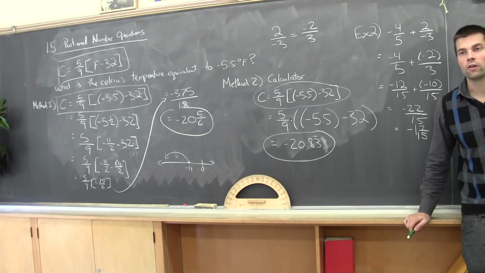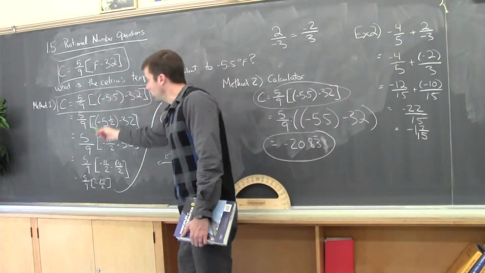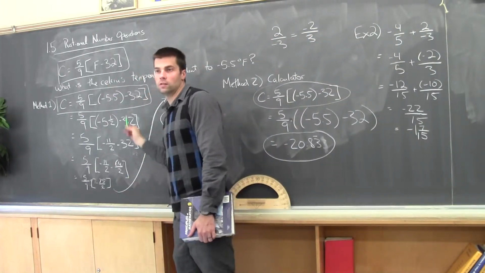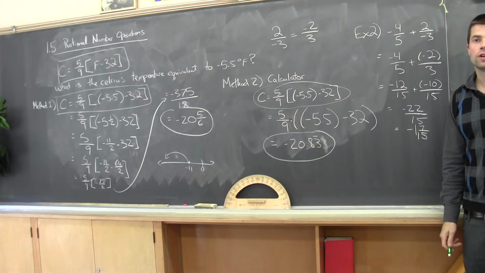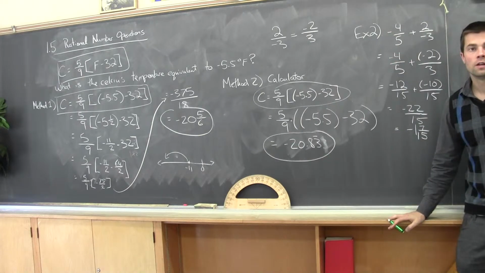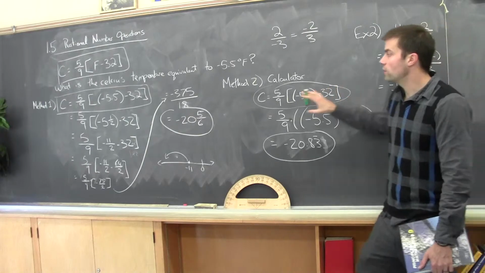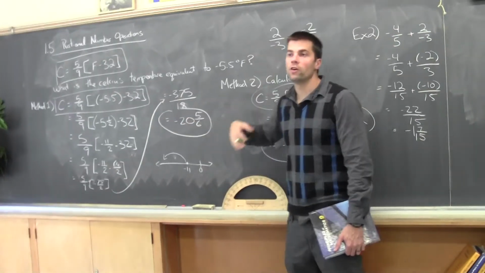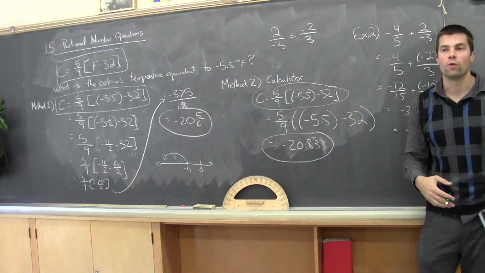Okay, we need to figure that out now. Because when you're in grade 11 and grade 12, you're not going to have time to do all this. You're going to have time to do this. And that's all you should have to do. BEDMAS is taken care of in your calculator. It's important to note that although you can do this, you need to understand these principles, because later, with more advanced math, you'll need to do this stuff with more complicated equations.